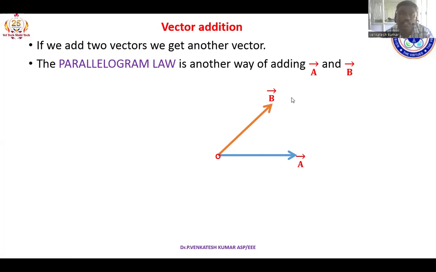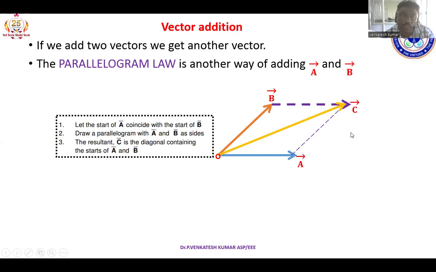In the parallelogram law, you draw parallel lines by extending the lines, so this B is parallel to the other B, and this A is parallel to the other A. The vector addition gives the resultant vector, A vector plus B vector, which is the new C vector. If a question asks about vector addition, please note down: the parallelogram law supports the vector addition process.